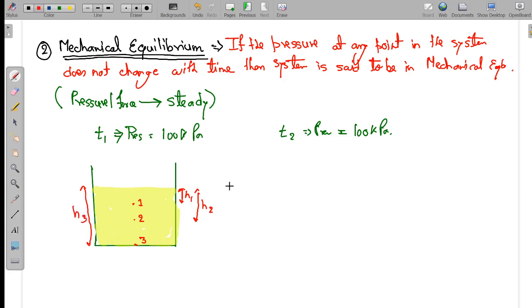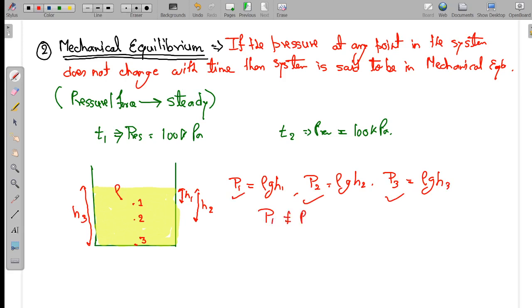So I can define that pressure P1, if rho is the density of the fluid inside this container, will be rho g h1. Similarly, P2 will be rho g h2, and P3 will be rho g h3. So you can see all three pressures are not equal. All three are different: P1 is not equal to P2, not equal to P3.